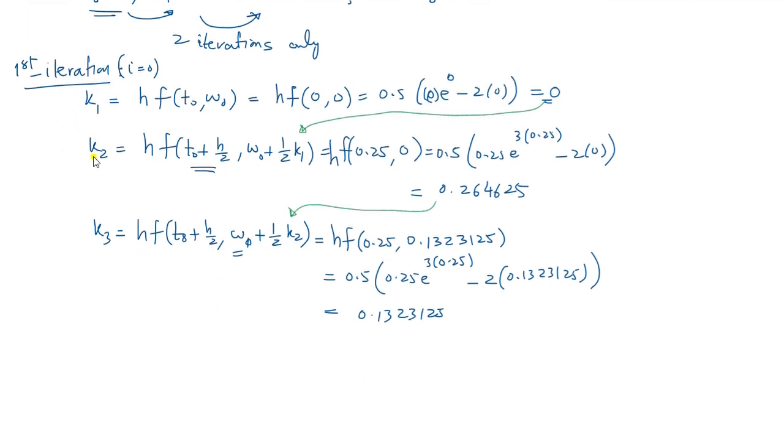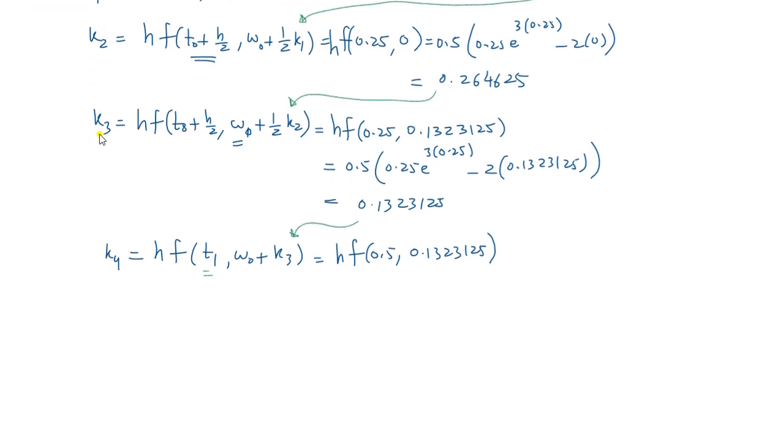Now I will find K4, which is H into F of T1, because now I go to T1 and W naught plus K3. So K3 is not divided by half. Okay, and this is T1. So T1 is 0.5. H F of 0.5, and W naught is still 0 plus K3 is 0.1323125.